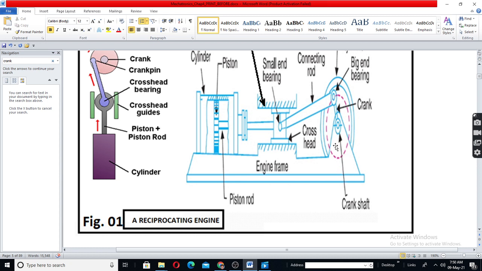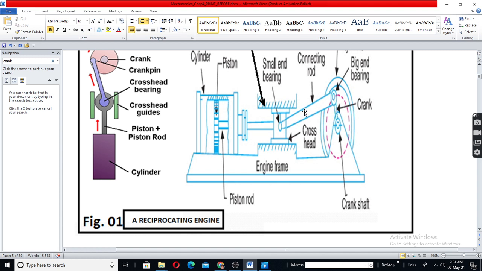Got the point? This is the engine frame. To the engine frame, the cylinder is fixed. The crankshaft will be rotating in the bearings. This is the big end bearing, that is the bearing of the connecting rod.